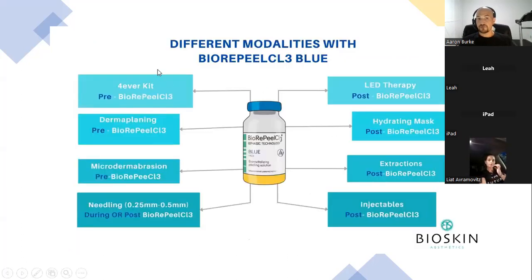Use of product with different modalities. Like we said, the Forever Kit is going to be your go-to preconditioning kit if somebody is not doing dermaplaning, microdermabrasion, microneedling, hydrofacial, or some combo thing before they do the BioRePeel.